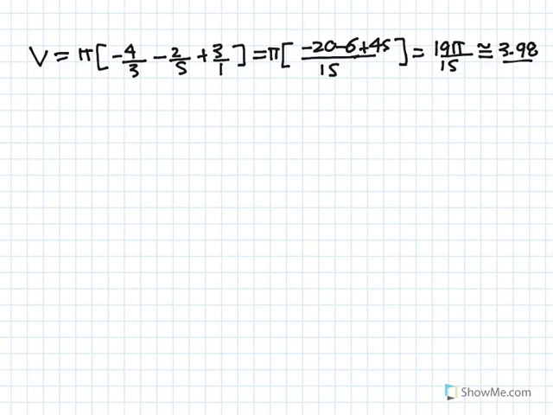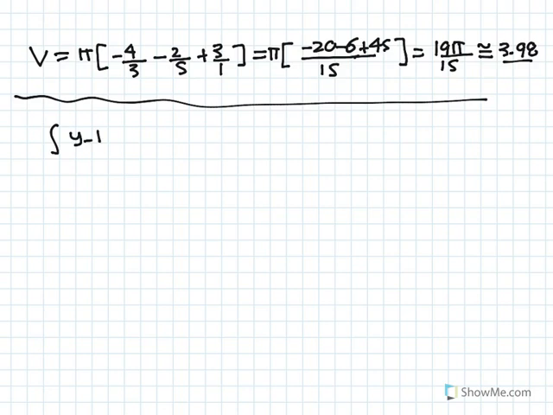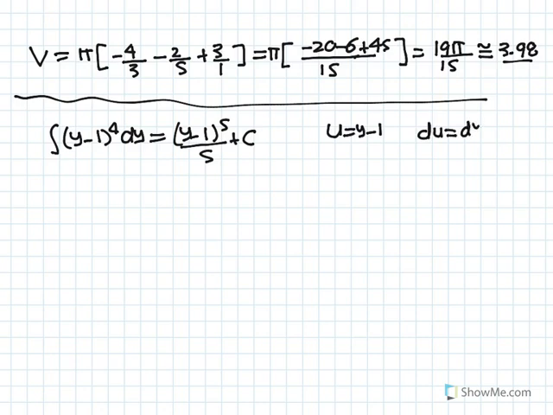Now, let's do a bit of review on the integration that we've done, namely the U substitution. So you will see that we did the integral of (y minus 1) to the fourth with respect to y, and we got (y minus 1) to the power of 5 over 5 plus c. The reason for that is U substitution: let u equal y minus 1, differentiate both sides, du is equal to dy.